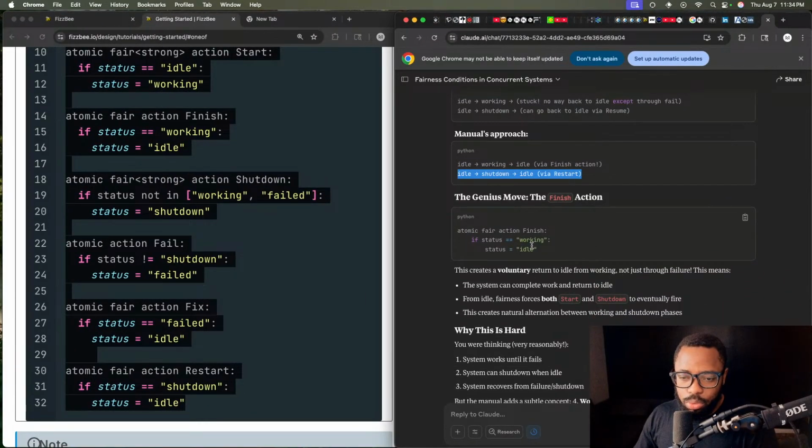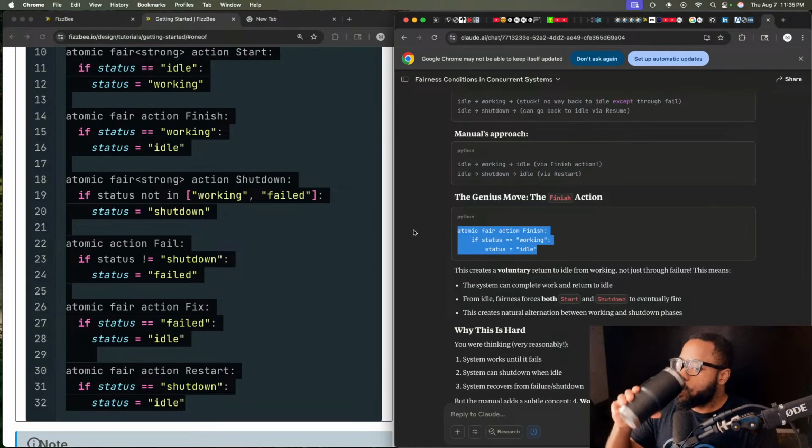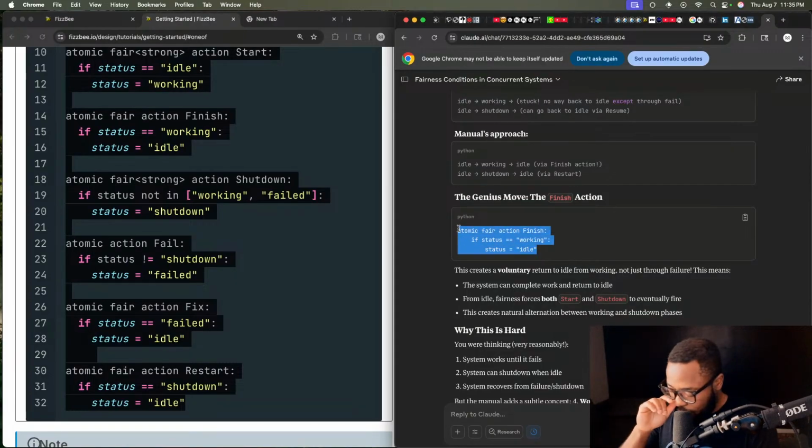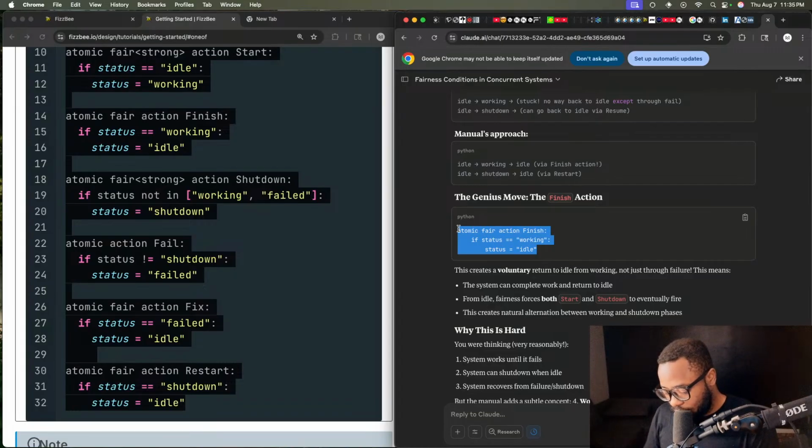The genius move, the finish action. Yeah, I did miss this critical part actually. That's a blunder, I'm not gonna lie. I should have caught that very early on.